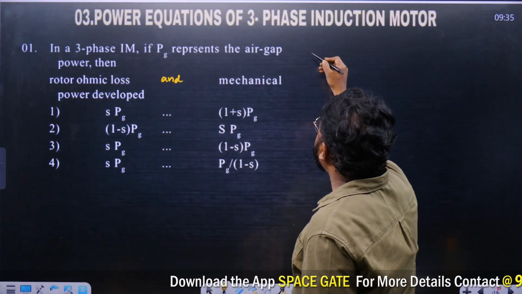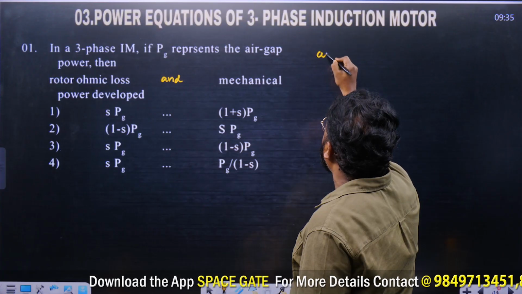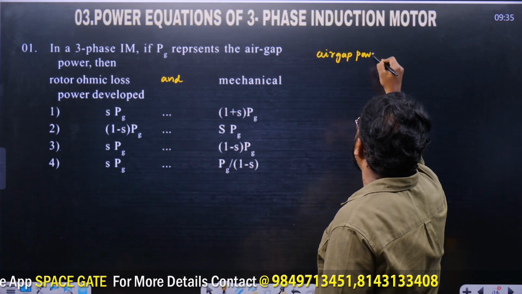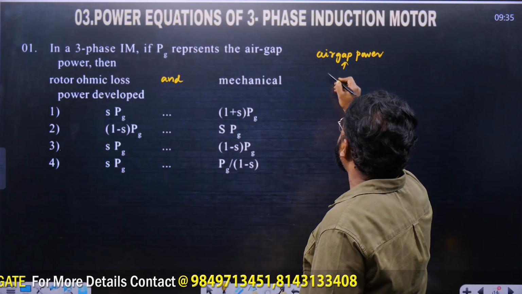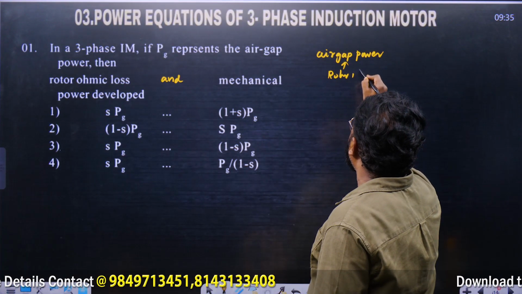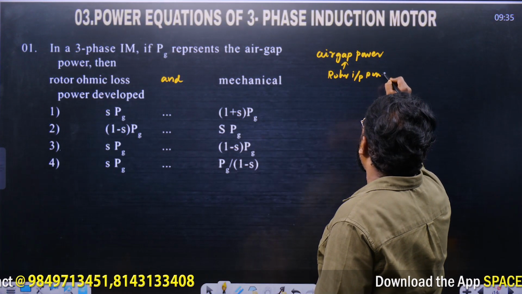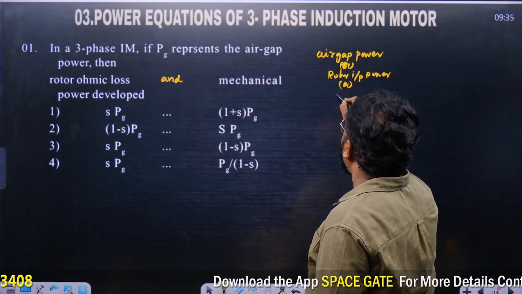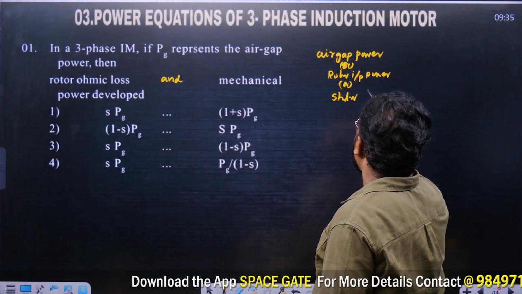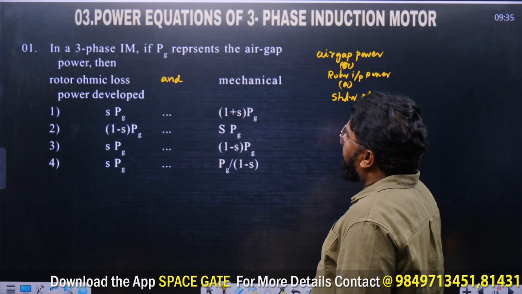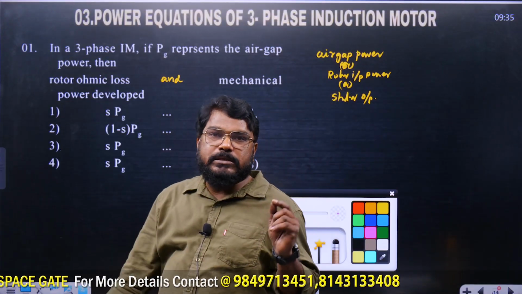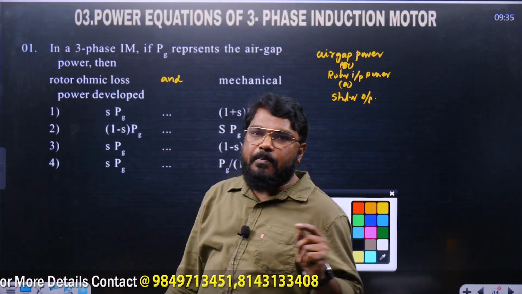Air gap power is also called the rotor input power, and another name for this is the stator output power. We require the rotor ohmic losses, which means the rotor copper losses.